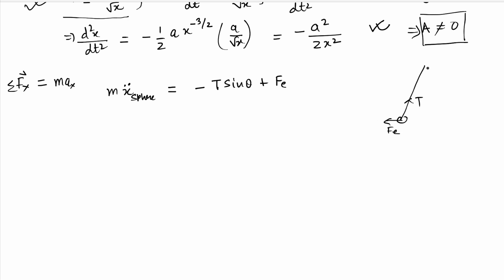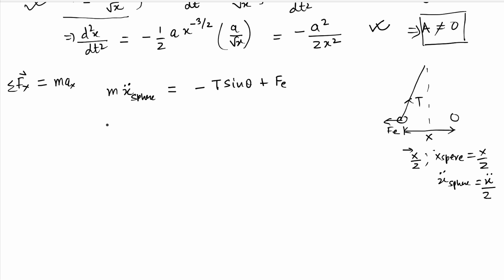Now, what is the distance between the two spheres? The distance between the two spheres is x. So each one is approaching, and they have to cover x by 2. Therefore, the x of the sphere is x by 2, and therefore x double dot of the sphere is also x double dot by 2.